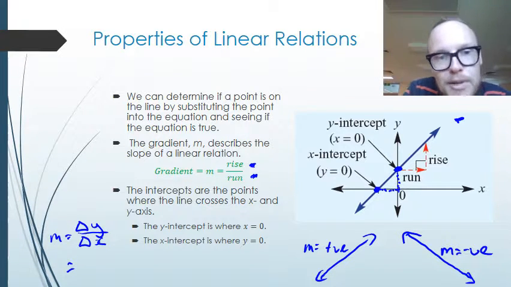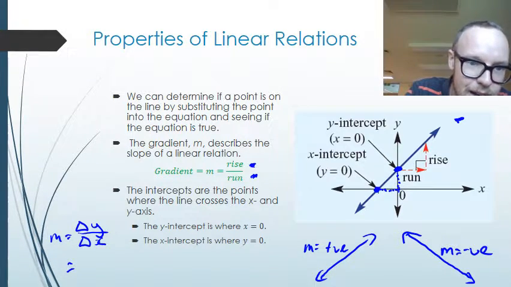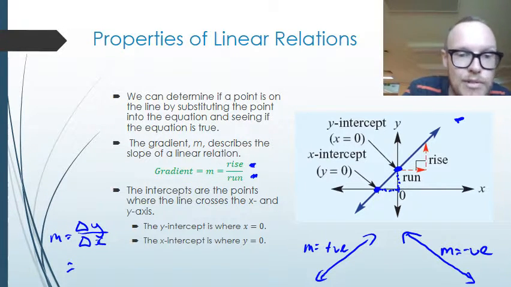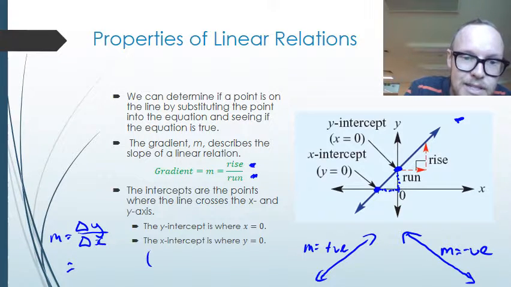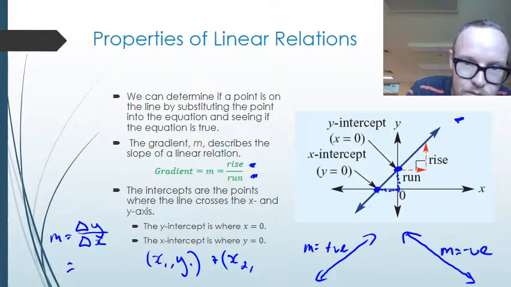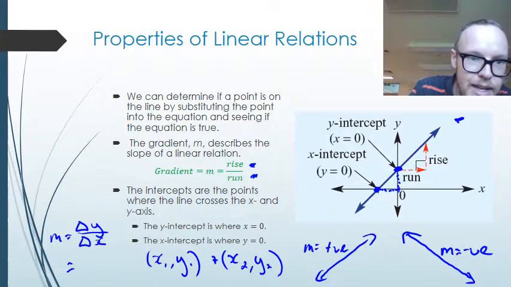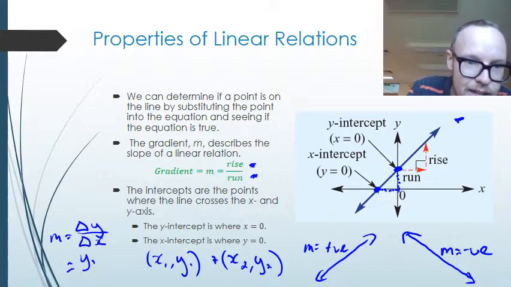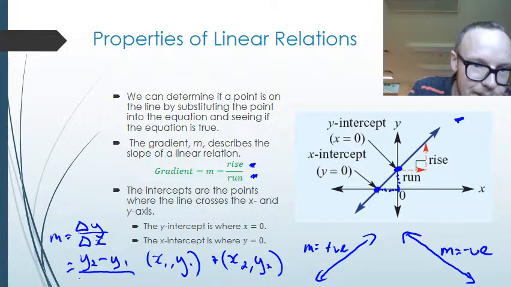If you want to determine the gradient from 2 points on your graph, and those points are x1, y1 and x2, y2, then you can find the change in the y values by subtracting one of the y values away from the other, and divide that by subtracting one of the x values away from the other as well.